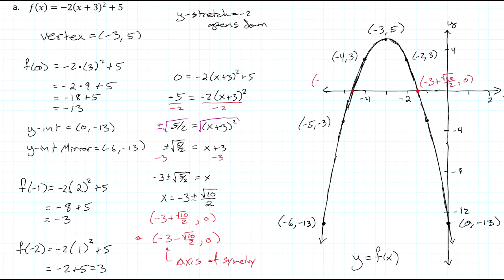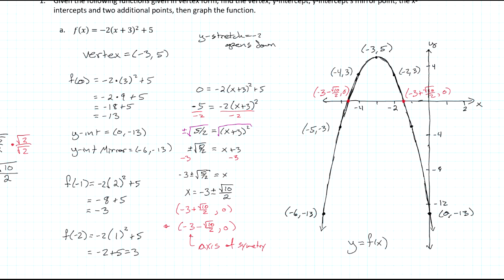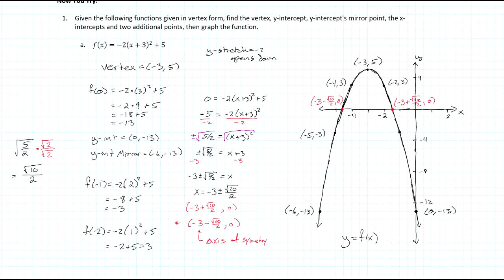The point on the left is negative 3 minus the square root of 10 over 2, comma 0. So without getting decimal approximations, we can still plot those points. All right. Nice job, everyone.